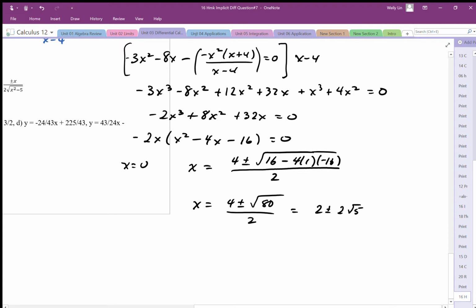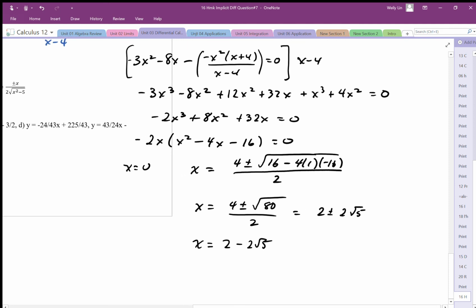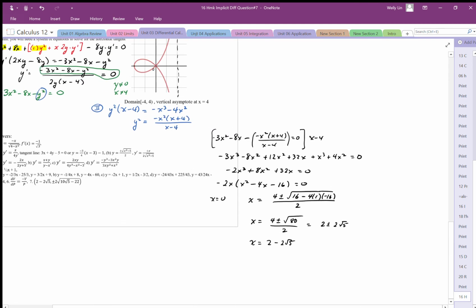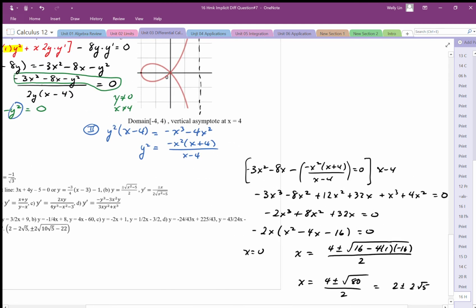Okay, so if I use x is 2 minus 2 root 5, I get about negative 2 point something, which is in the domain, and if I take a look at my graph, that looks about the right spot for my horizontal tangents here and here.